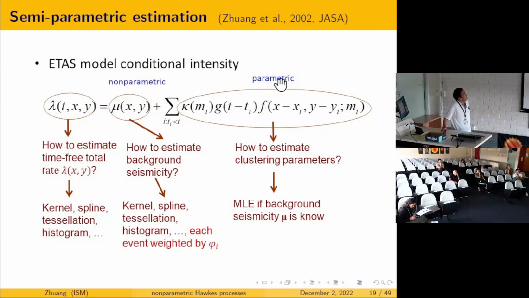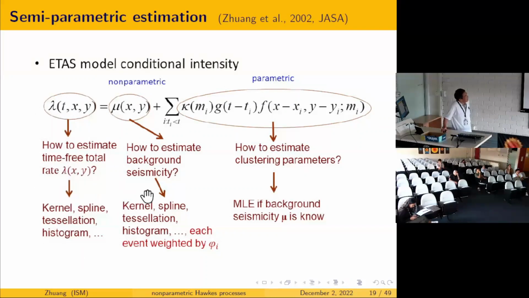How can we estimate that part? One thing is, if we are trying to estimate the mean spatial rate, we can just forget about time and then use kernel smoothing and those kinds of nonparametric methods to estimate the rate of events here.